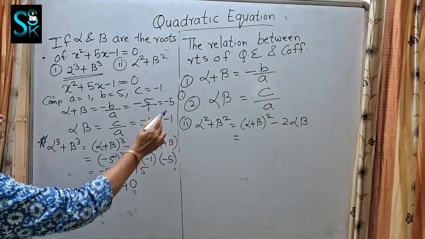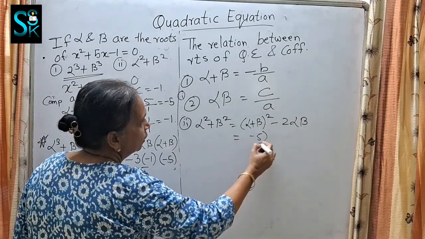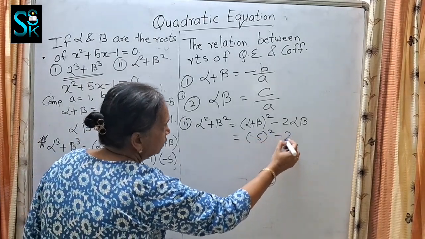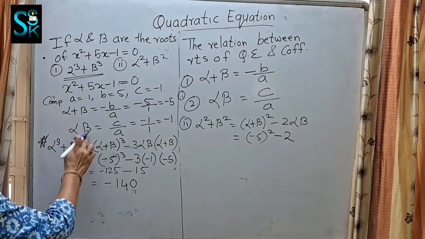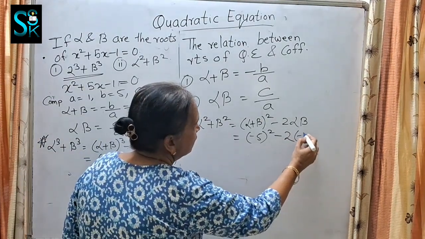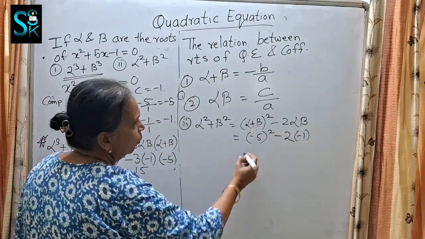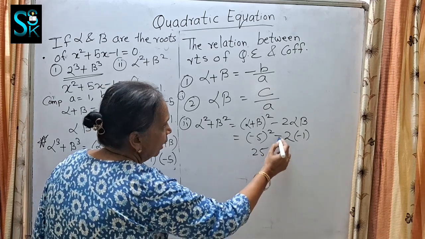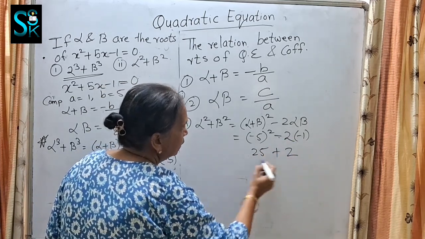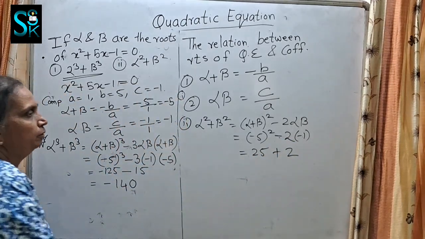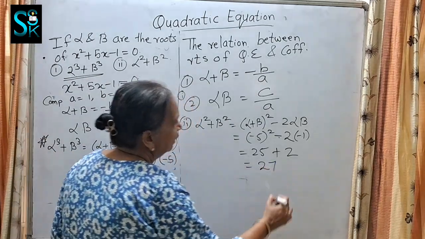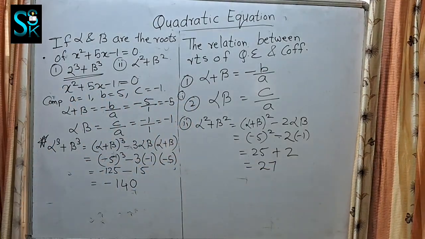Alpha plus beta you got minus 5, so minus 5 the whole square, minus formula 2, and alpha into beta is nothing but minus 1. So minus 5 the whole square is 25, minus into minus is plus, that is 2. 25, 26, 27. So alpha square plus beta square, you got it as 27.